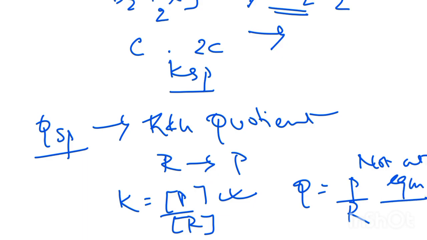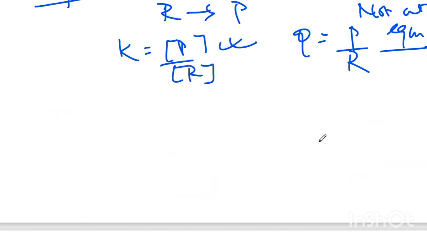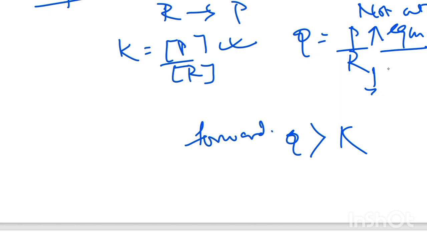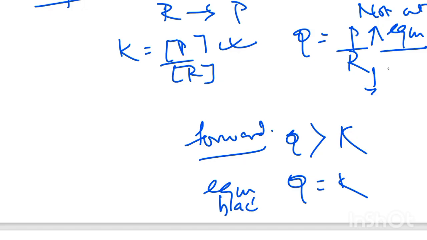When the reaction is going in the forward direction, the concentration of reactant decreases and product increases, therefore Q must be greater than K. At equilibrium, Q is equal to K, and if it goes in the backward direction, Q must be less than K. Why? Because in the backward direction reactant increases and product decreases.